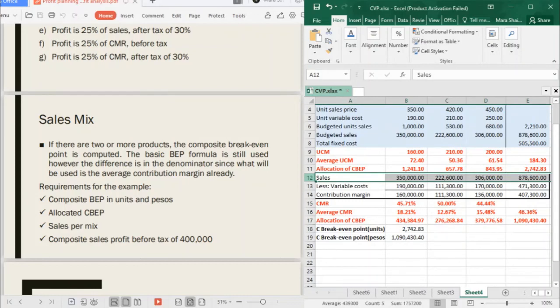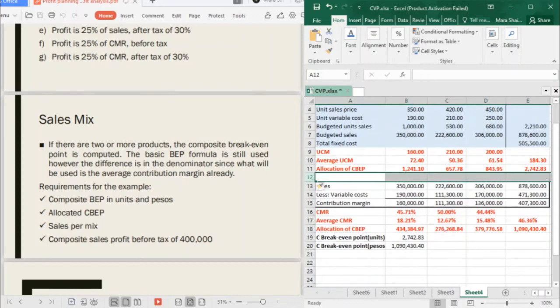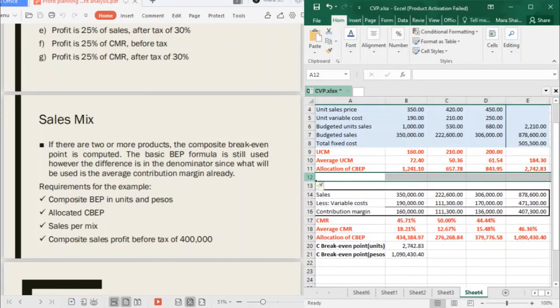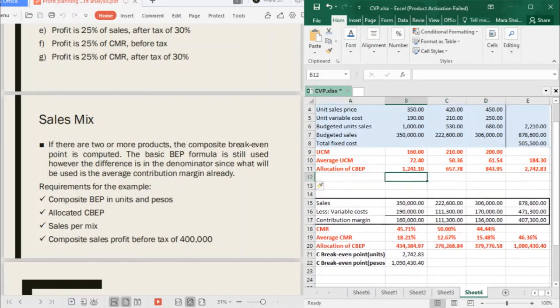Earlier, what we did was the sales mix ratio. Now it is not a ratio anymore, it is more in units form. Earlier was one way of allocating your composite break-even point.